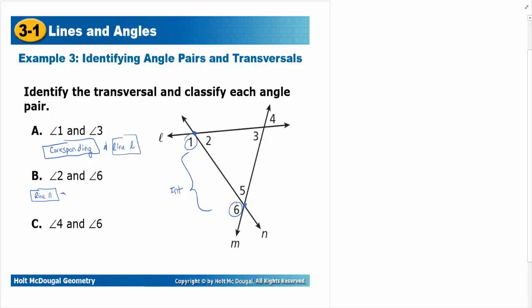So this would be same side interior. Again, the reason is they're both on the interior, in between those 2 lines, and they're on the same side of the transversal, so therefore same side interior.